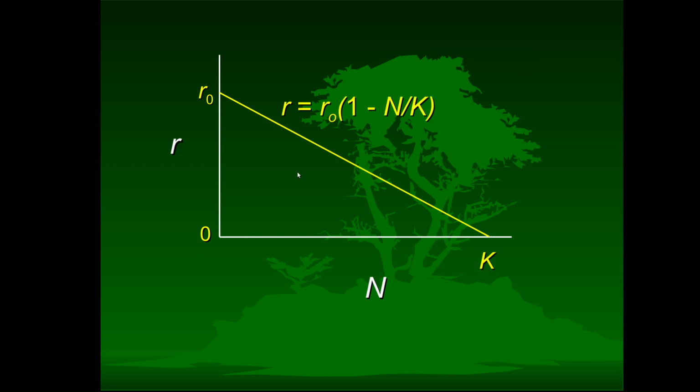And on top up here, we see the equation for this straight line in terms of the two intercepts. The two intercepts are where the line crosses the y-axis, which is at little r0, and where the line crosses the x-axis, which is this constant K here.